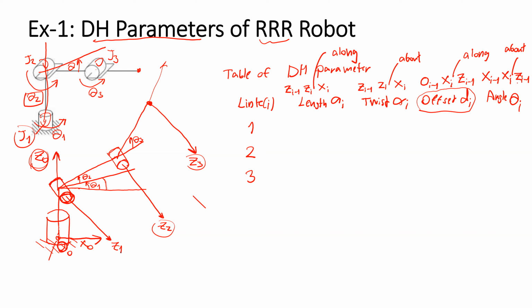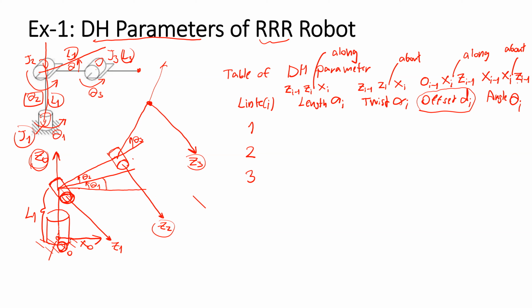C1 is this line, so x_i should be on this level, on the plane with the height. The lengths of the arm will be L1, L2, and L3.